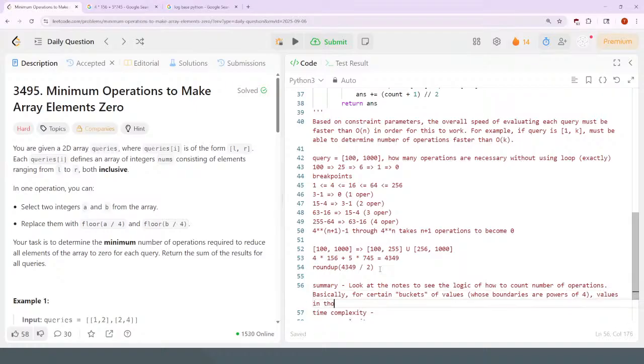All values in those buckets have the same number of operations to floor x divided by 4 to become 0.